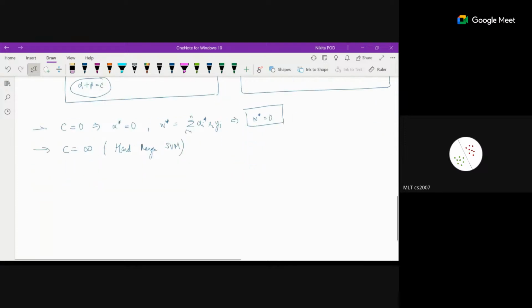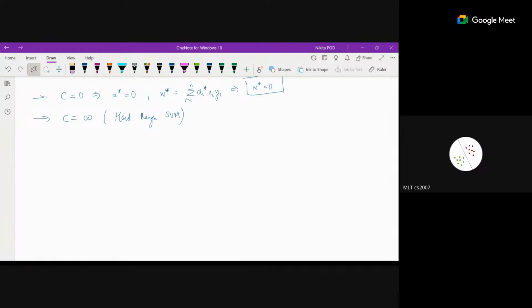Now, what next we will see is the complementary slackness conditions. When we were talking about just the SVM problem, what we have seen is that at W star, at the optimal point, we were getting alpha star times (1 minus W transpose xi yi) to be equal to 0, right?